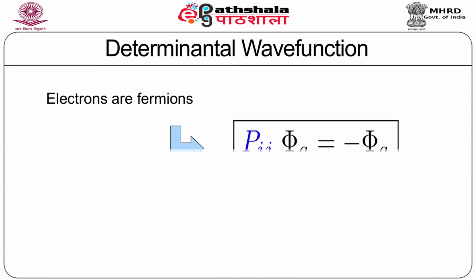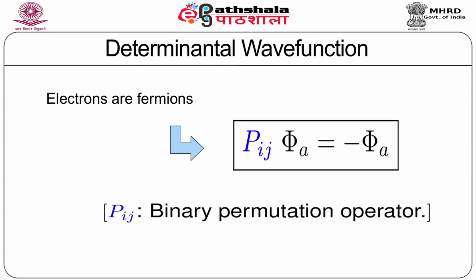We need to remember electrons are fermions. Therefore, P_ij, which depends on the coordinates of the two electronic wave functions i and j, operated on this phi_a gives rise to a negative sign in front of the phi_a. P_ij is a binary permutation operator.